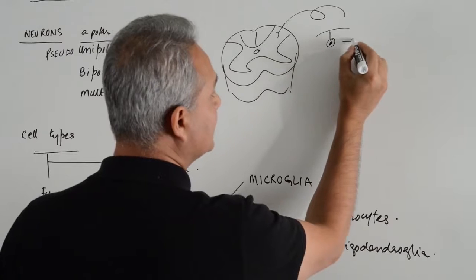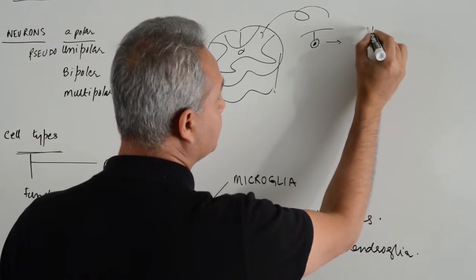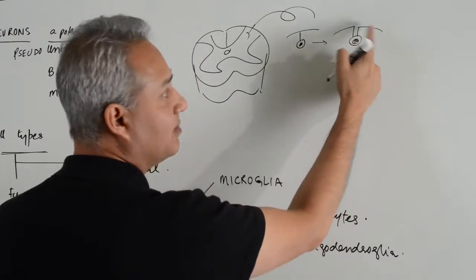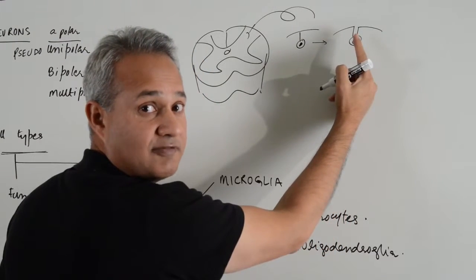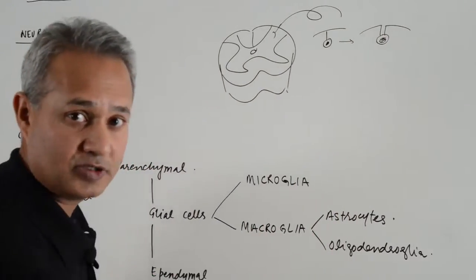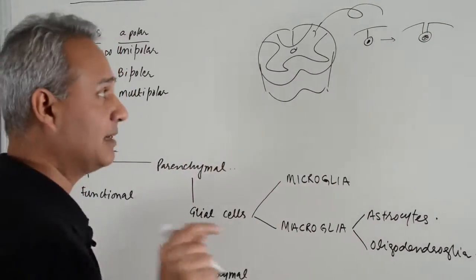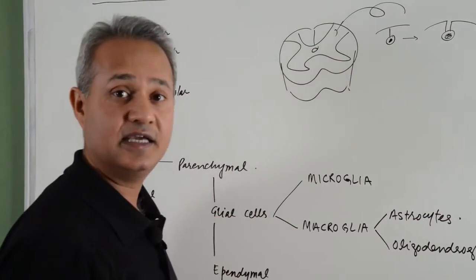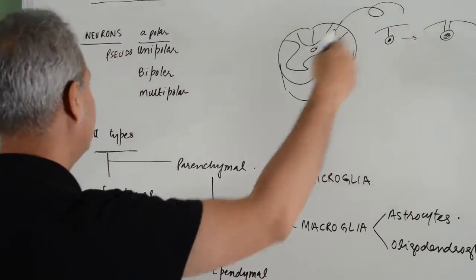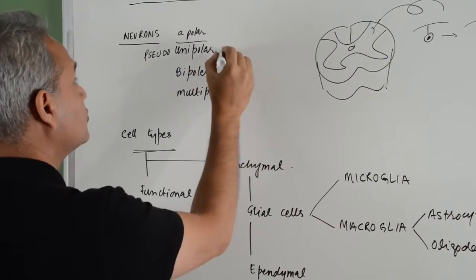So ideally, the situation is this: this is the bipolar neuron, but the two poles have come and merged with each other. So under the microscope, they look like unipolar. That is why they are pseudo, false bipolar. They are the sensory afferent neurons which are present in the spinal cord. So that is the pseudo-unipolar.